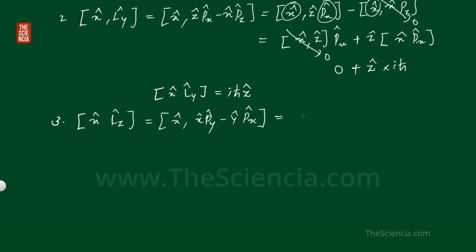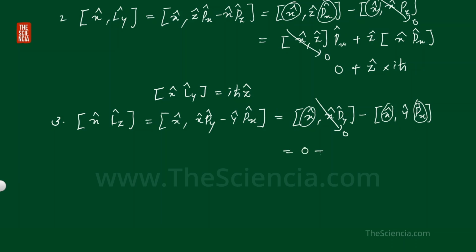So we can expand as x cap p y cap minus x cap y cap p x cap. Here also, if you are taking this term x cap, then there is no momentum conjugate, so this term will be equal to 0. Here we are considering this x cap, so its momentum conjugate is present, so this term is not equal to 0.